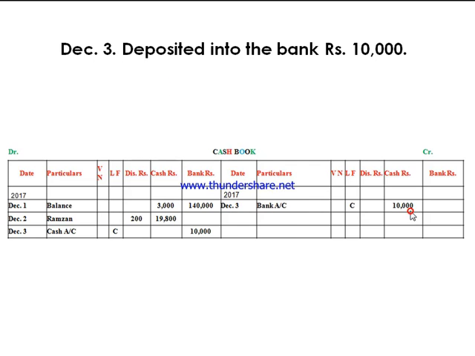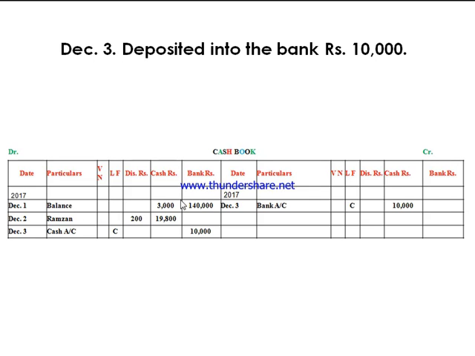So 10,000 rupees in the cash column we will write down on the payment side, and this 10,000 has gone to the bank. Therefore, in the particulars or detail or description column, we will write down bank.